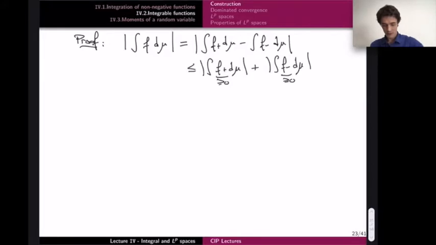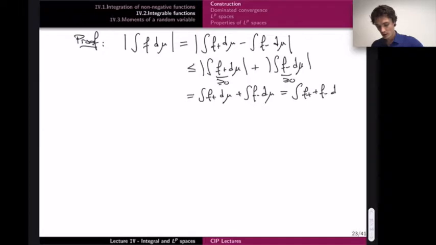So in fact, both integrals are non-negative, so you can remove the absolute values. So this is actually equal to the integral of f⁺ dμ plus the integral of f⁻ dμ, which is equal, by linearity, to the integral of (f⁺ + f⁻) dμ. Okay, and like I said, this is equal to the integral of the absolute value of f dμ. Okay, so we have the triangle inequality.